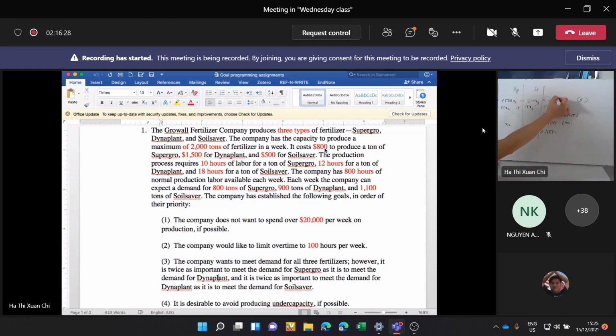So that is 10. Maximum is X1, X2, X3, to limit over.